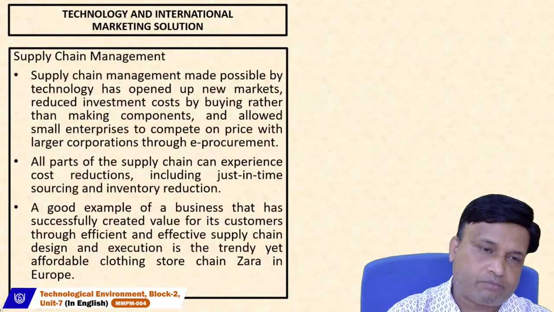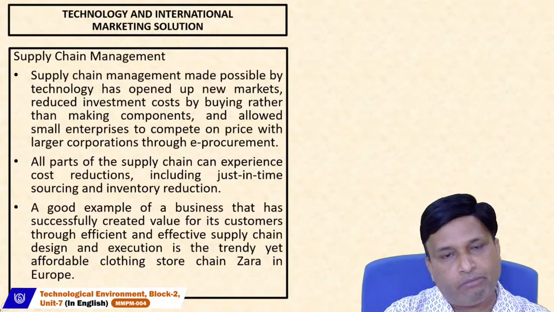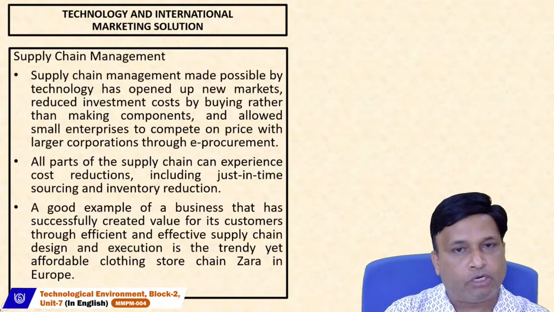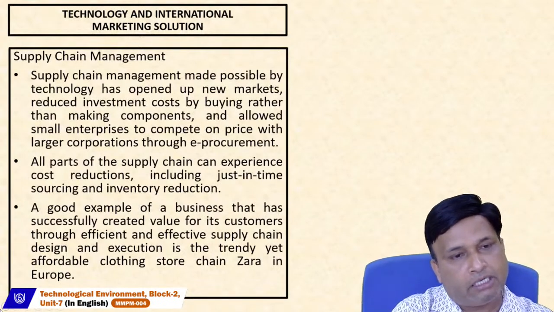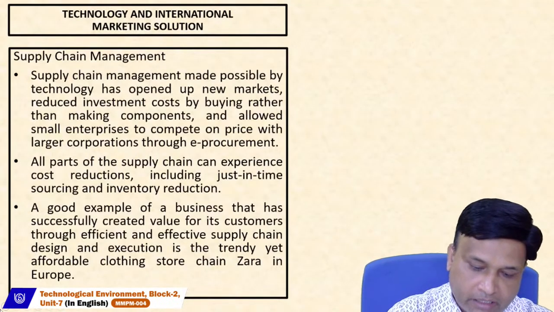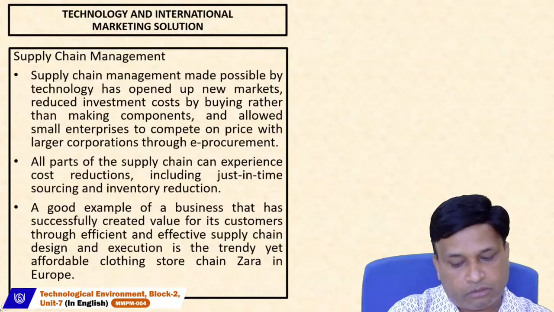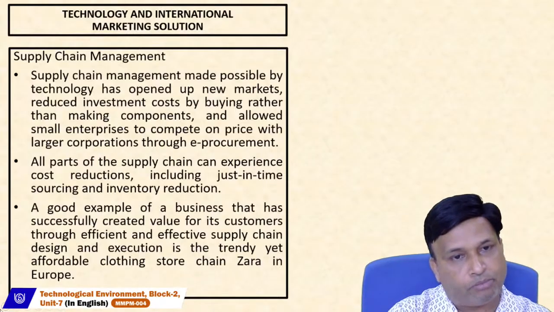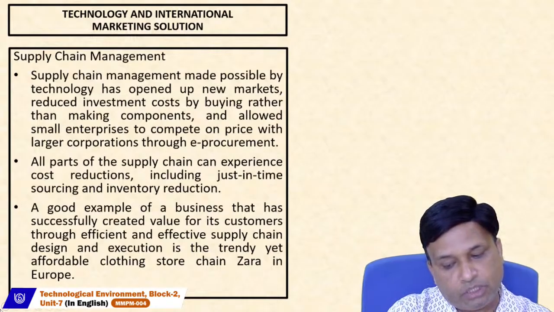Then as far as place and distribution points are concerned, supply chain management made possible by technology has opened up new markets and reduced investment cost by buying rather than making components. Already we have talked about that. Suppose a mobile phone company need not design the product.